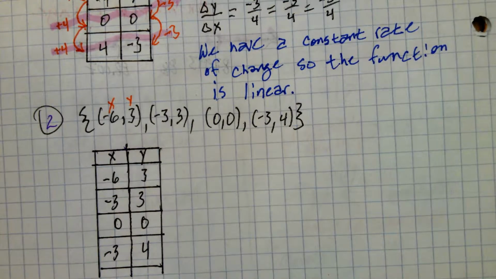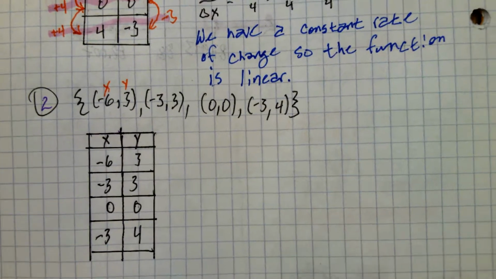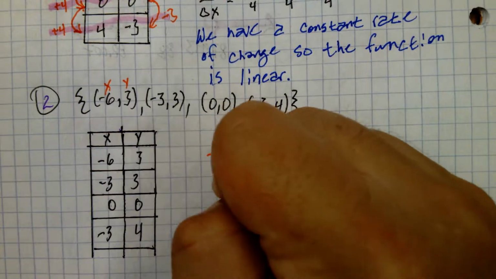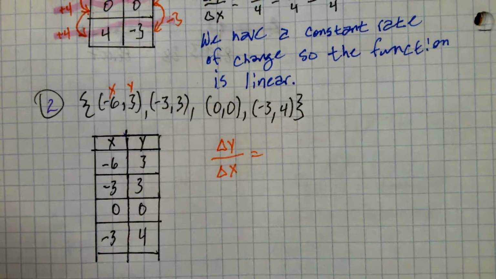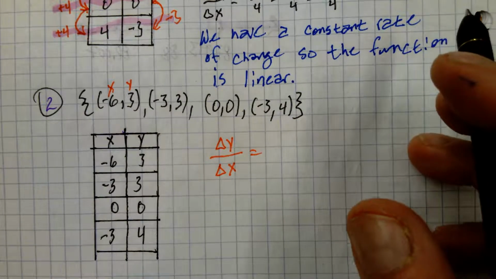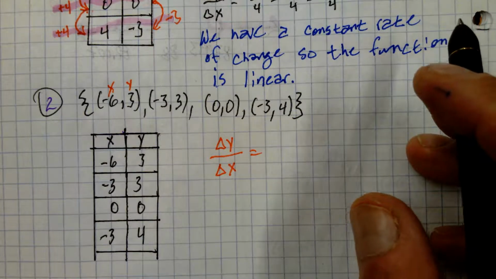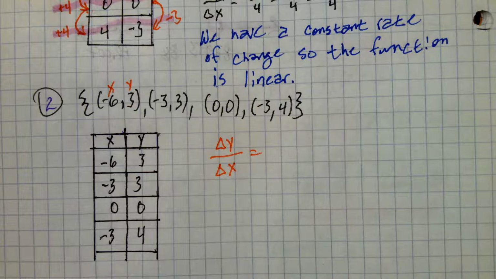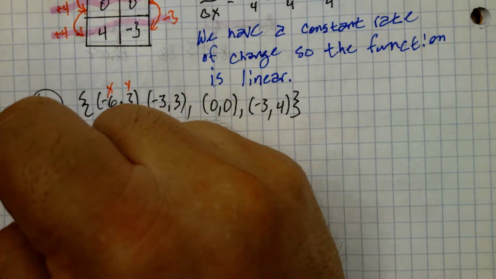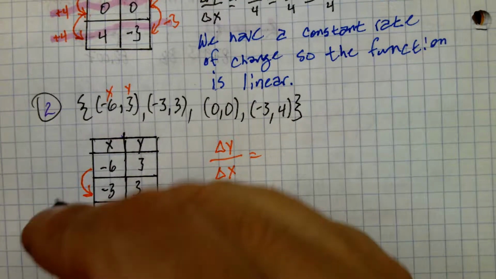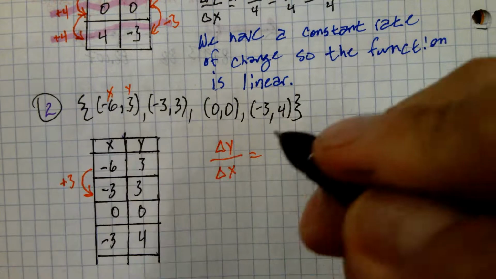I'm going to just make my table with these. Okay, so I made my table, and now I want to see what the change in the y values is, or the change in the x values. Okay, so let's see here. -6 to +3. We're increasing by 3.